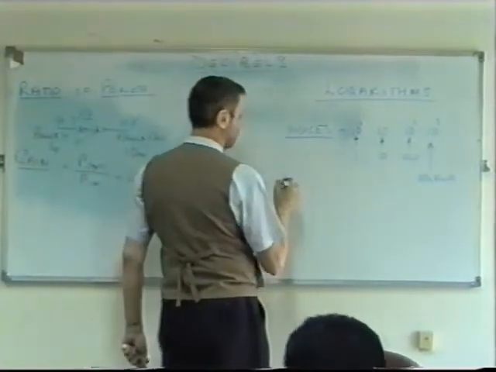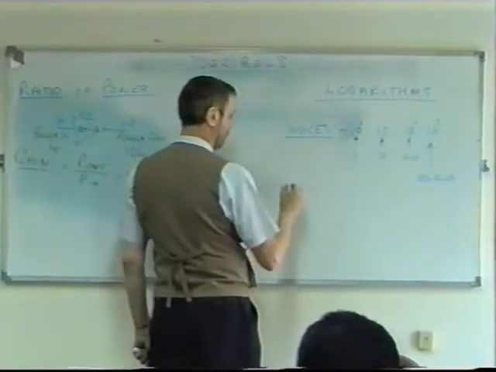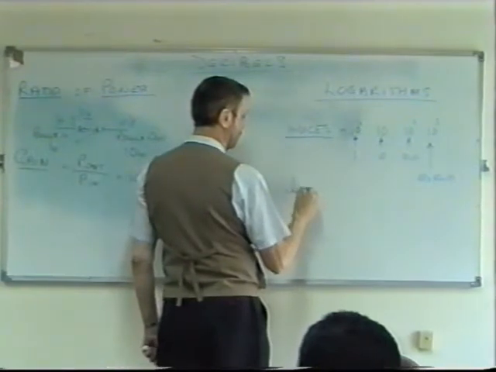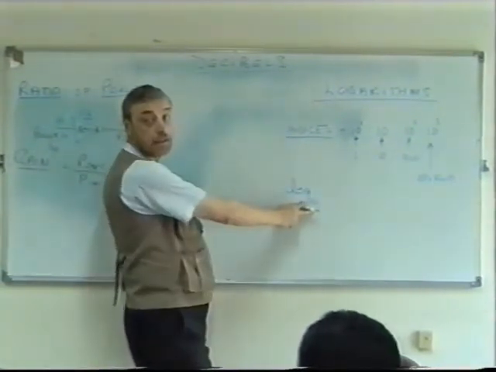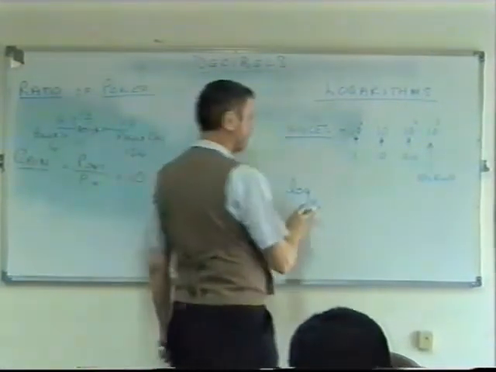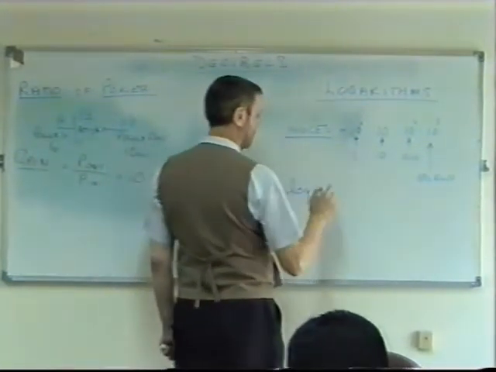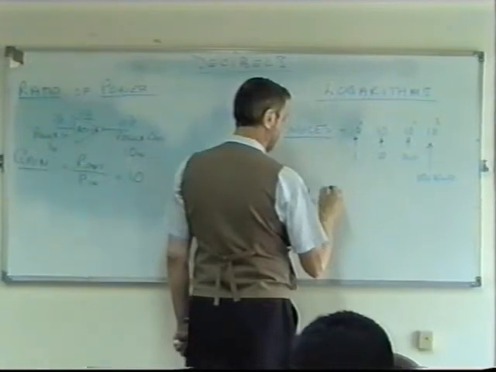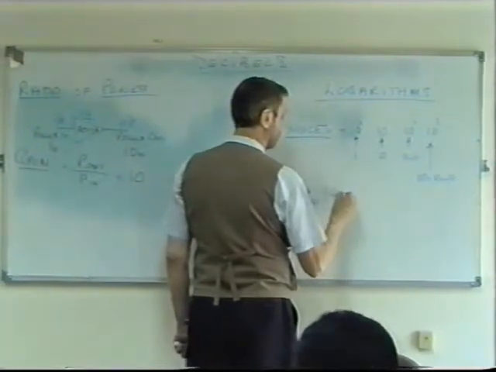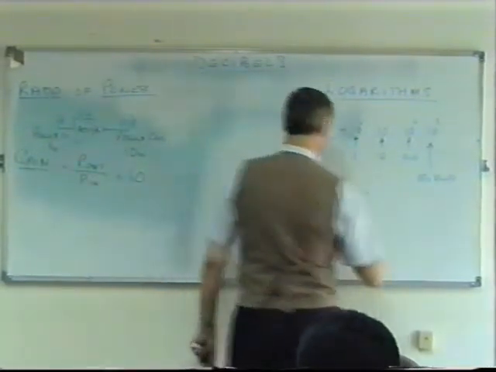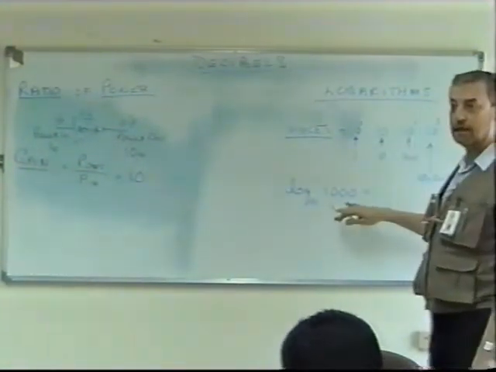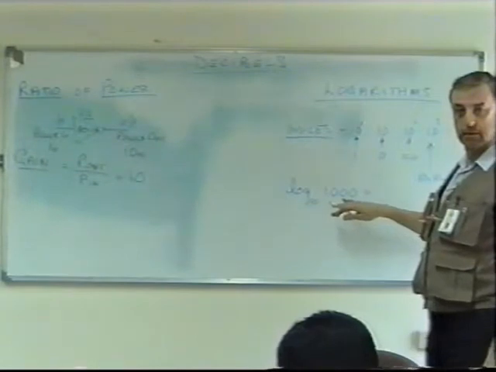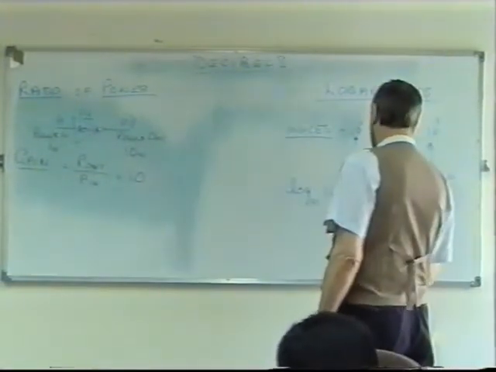For example, if I said the logarithm, log, to the base 10. We normally write the 10 underneath here as a subscript. Log to the base 10 of, say, 1,000. The logarithm is the number you've got to raise 10 to get that number. So in this case it would be 3, wouldn't it?